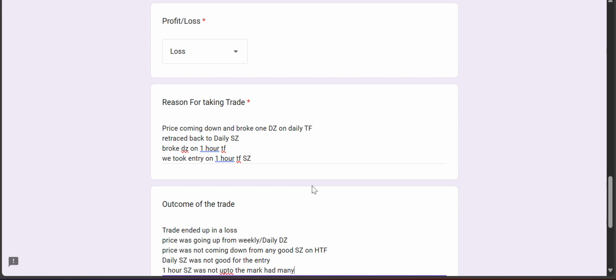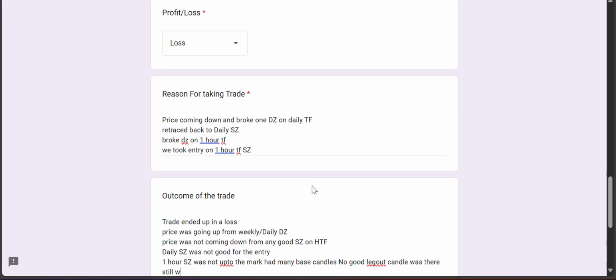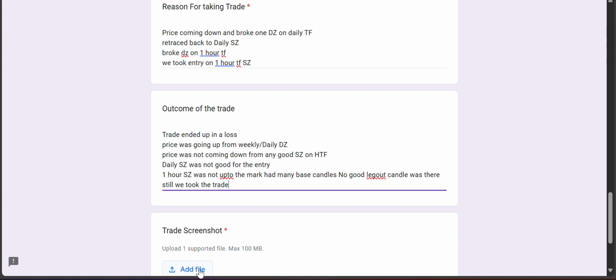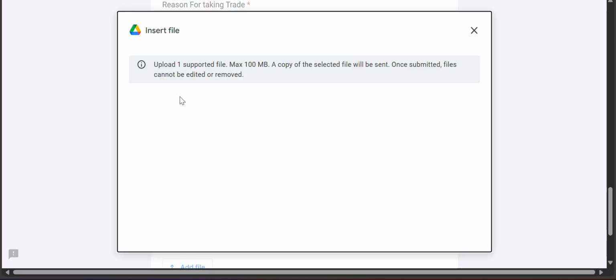Had many base candles, no good leg out candle was there. Still we took the trade. That's it. We'll add the screenshot.